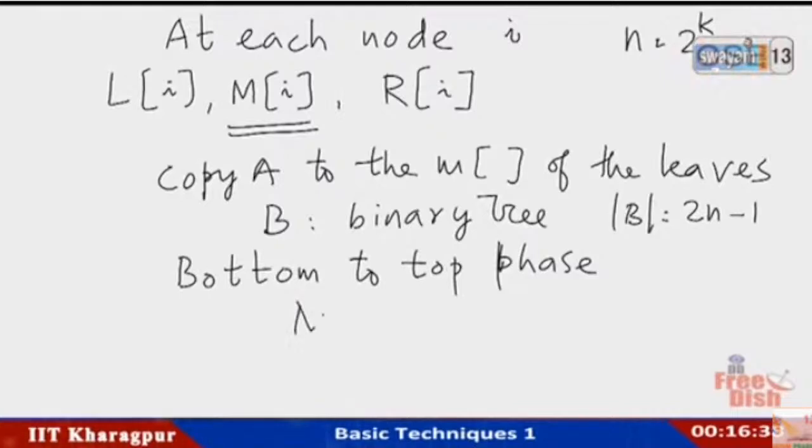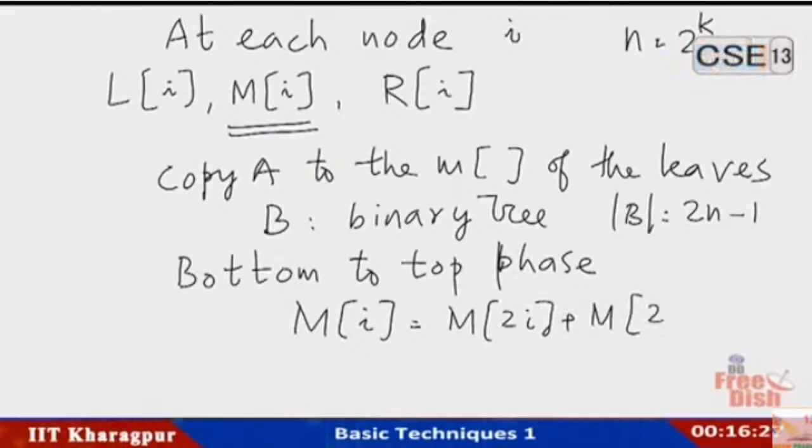That is, we repeatedly do this: M of i is m of 2i plus m of 2i plus 1. Node 2i is the left child of node i, and node 2i plus 1 is the right child of node i.